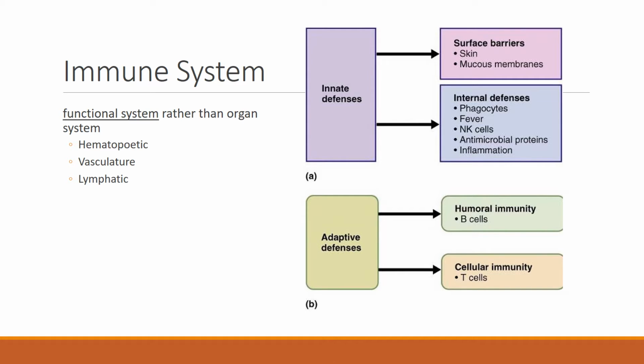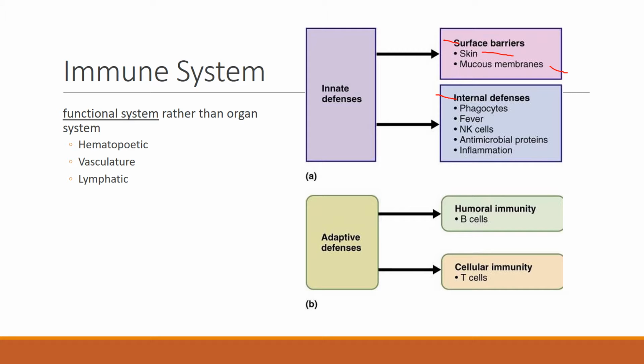And so these are defenses that include surface barriers and internal defenses. So for surface barriers, the biggest one is going to be our skin, but also we have different mucous membranes that secrete mucus and aid in getting rid of different foreign objects within the body.